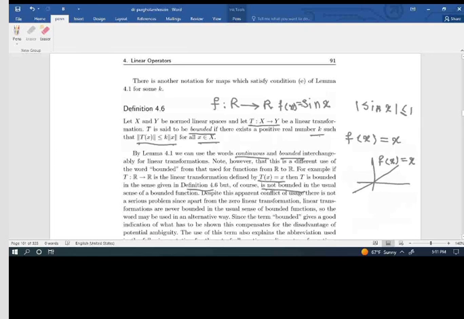Definition: if f, for example, from R to R is defined such that f of x equals, for example, sin of x.